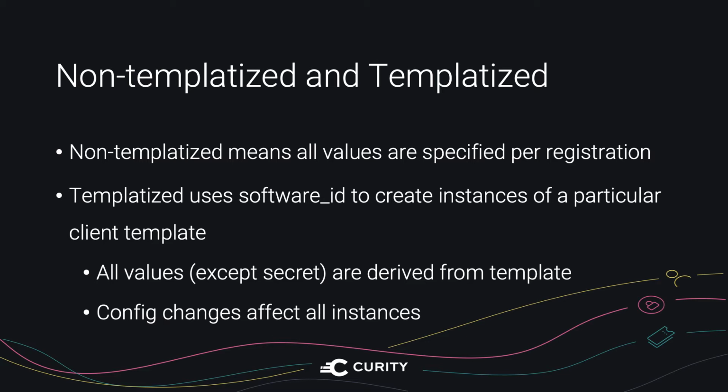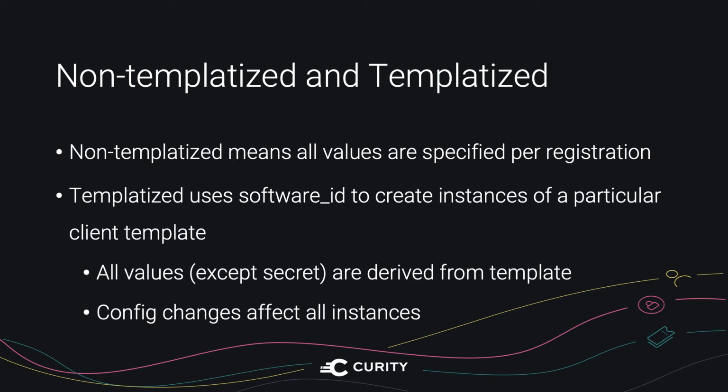The other kind of registration is templatized, where the only input is a software ID that is, in essence, a template identifier that the registering client will provide to the OpenID Connect server, and then the results will be whatever kind of metadata the OpenID Connect server is configured for that templatized client.